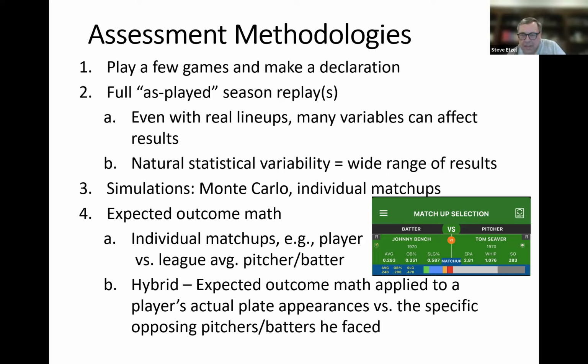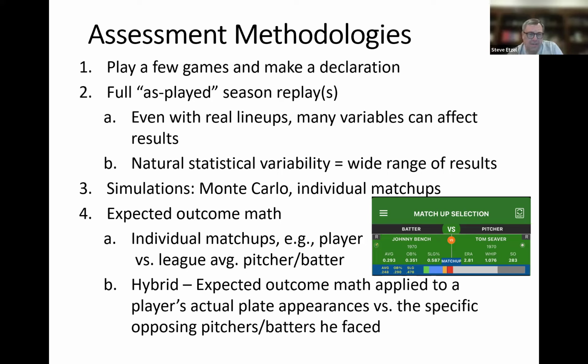In the little blue area in the lower left, you can see what the expected batting average, on base percentage, and slugging is going to be if those two players were matched up. I think this is Johnny Bench 1970, maybe Tom Seaver 1970, but it's kind of blocked on my screen. But anyway, that general approach of just matching up players and seeing if the results make sense is one way to do it. I just built a spreadsheet yesterday to do that for the long ball game.